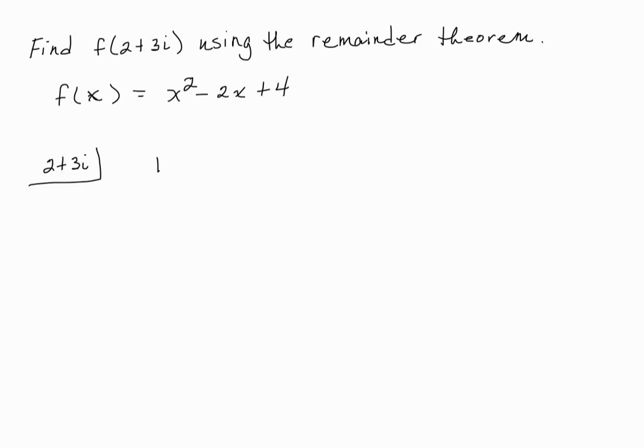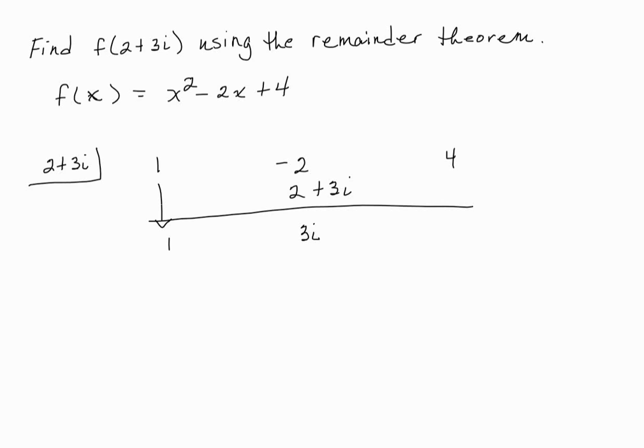When I write them down, I'm going to spread them out because I know that I'm dealing with this complex number up here, and I'm going to be needing a little more room. Okay, so this first part is fairly easy. 1 times 2 plus 3i is just 2 plus 3i. And when I add those, the 2 and negative 2 cancel out. So that leaves me with 3i.